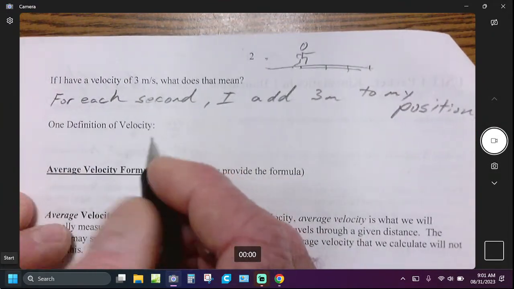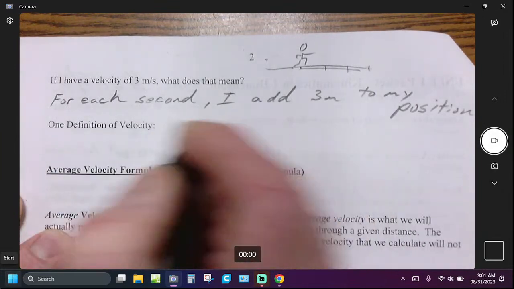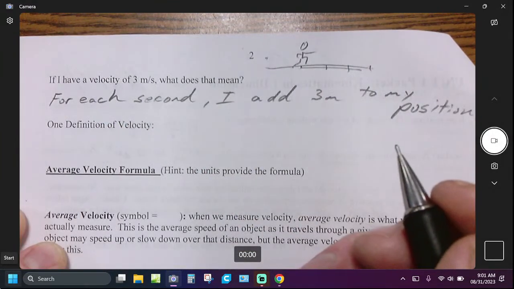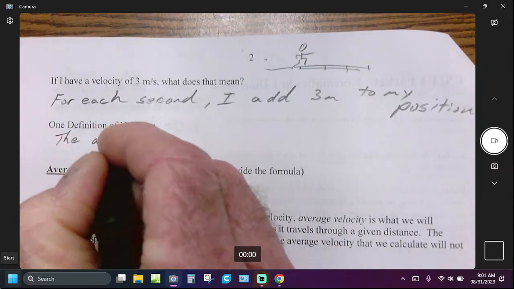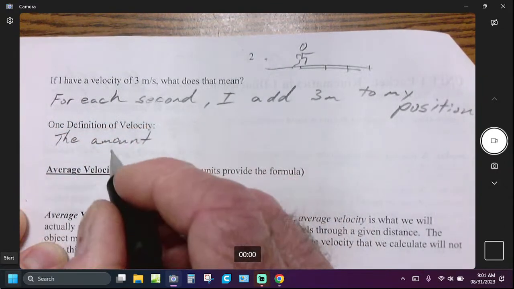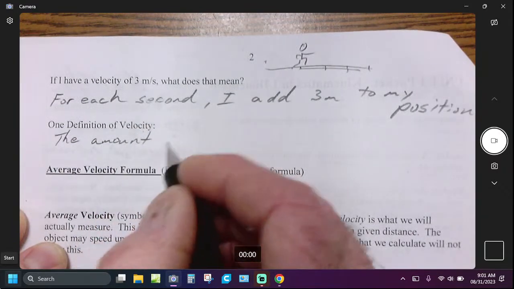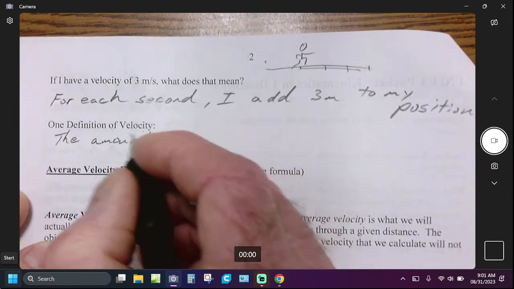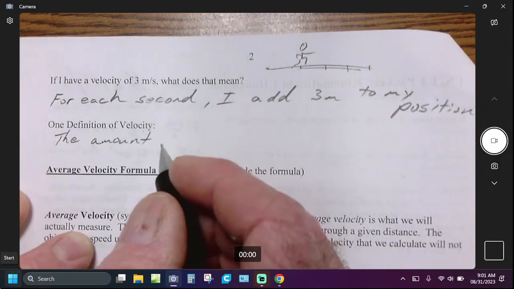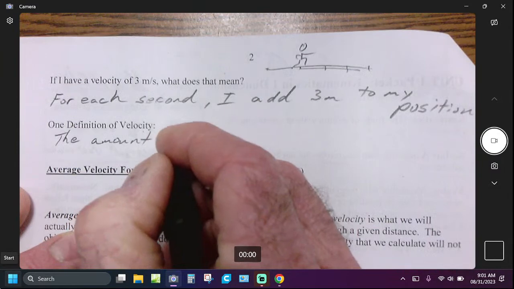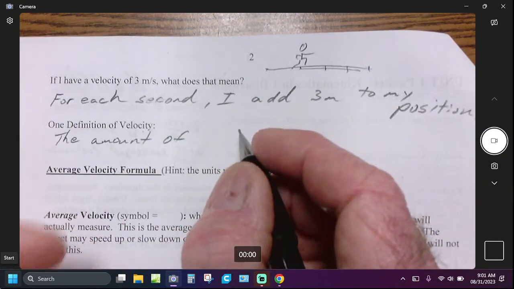So one definition of velocity could be the amount of position that's added every second. I only say it this way because velocity is your change in position, added or subtracted. When we get to acceleration, it's going to be just like that, except it's change of what? It's change of velocity.